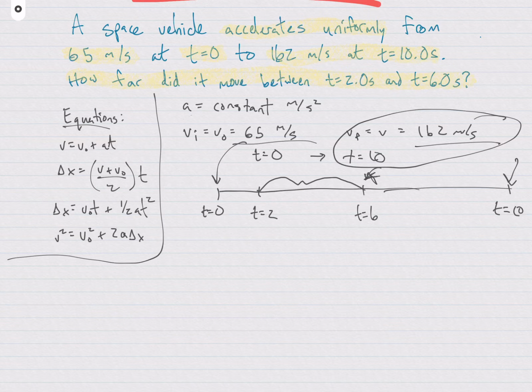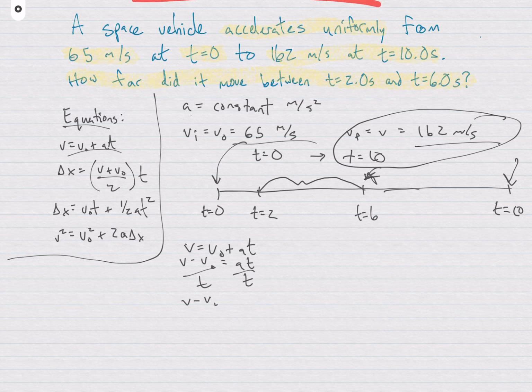If we look at the first equation, this fits perfectly because we have the final velocity, 162 meters per second, the initial velocity, 65 meters per second, and the time, which is 10 seconds. So we take v equals v0 plus at. I'm moving v0 onto the other side, and now I'm going to divide both sides by t.